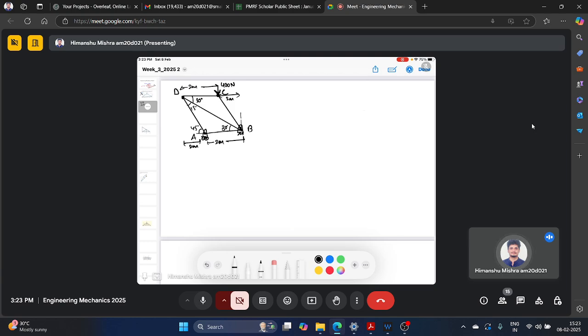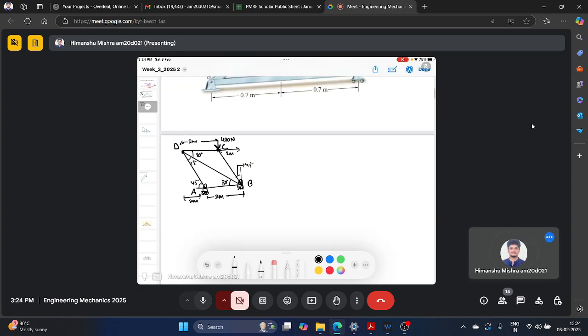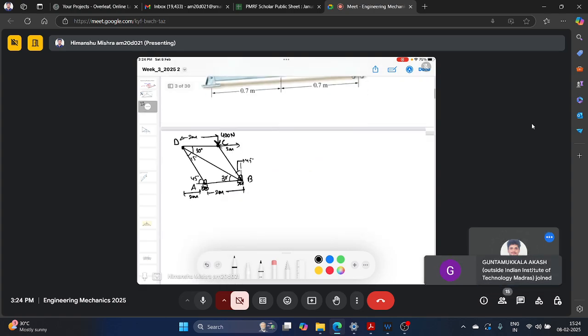Let's say this is the truss we have been given, and we need to determine the forces by considering all the joints. First, as usual, we will be using the equation to see if this truss is determinate or indeterminate.